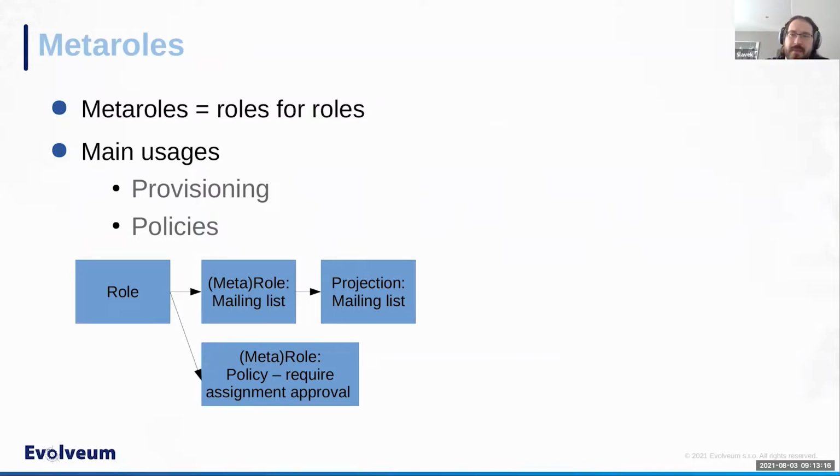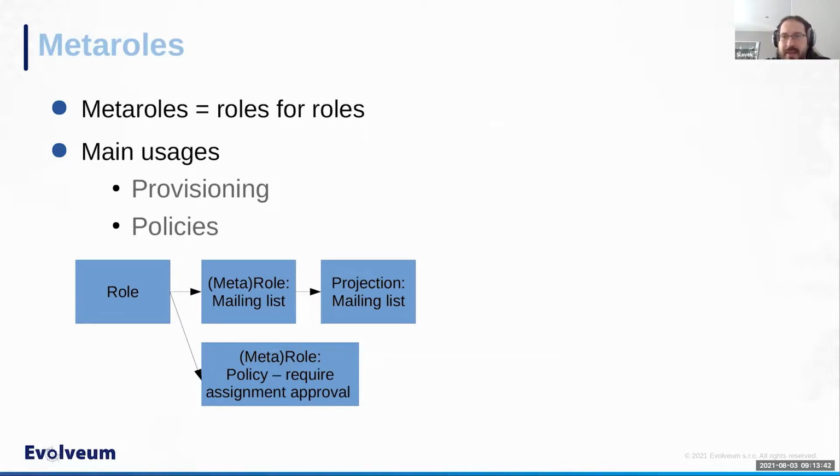So the meta role can give the assigned roles some policy properties. For example, I can define a policy which will tell that all roles for which this policy is applied need approval for any assignment of users to this role.